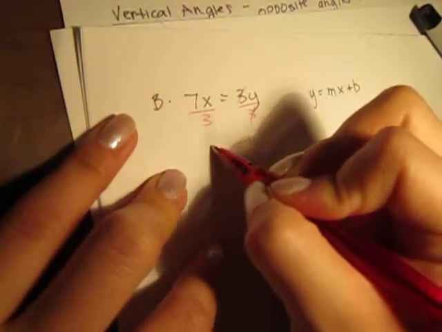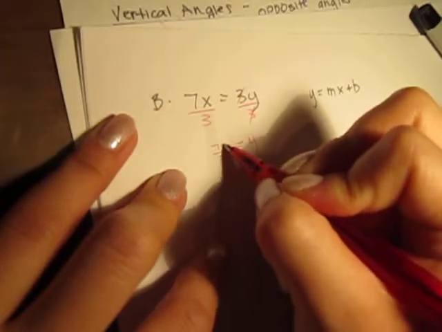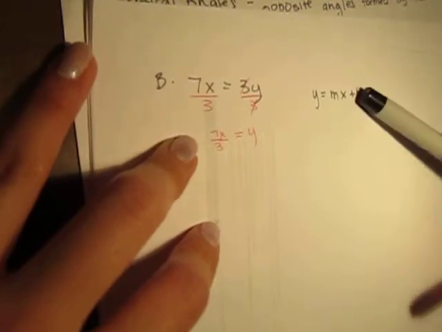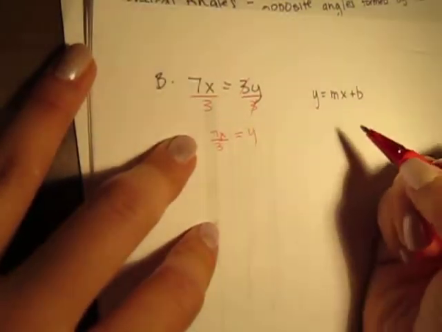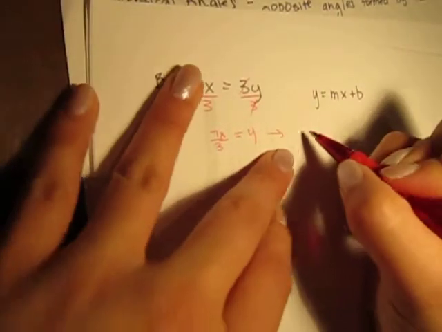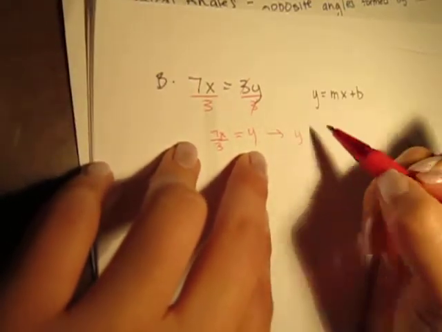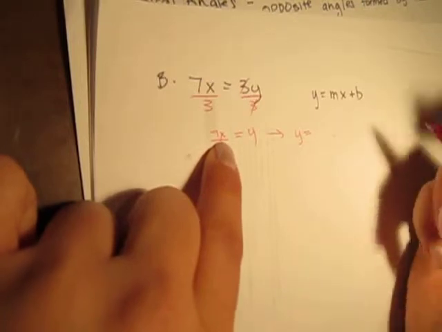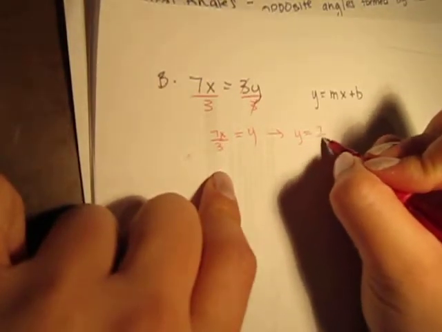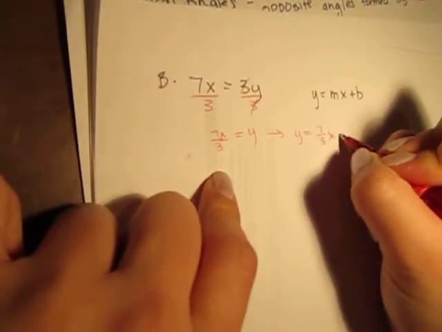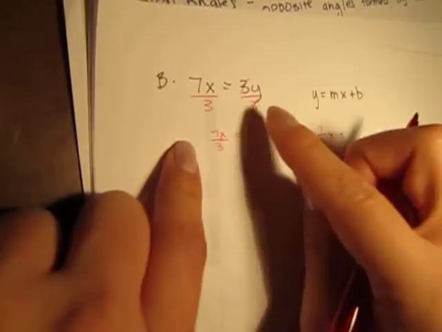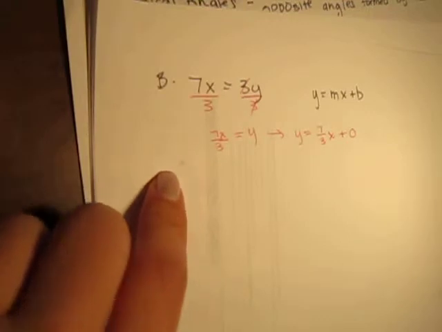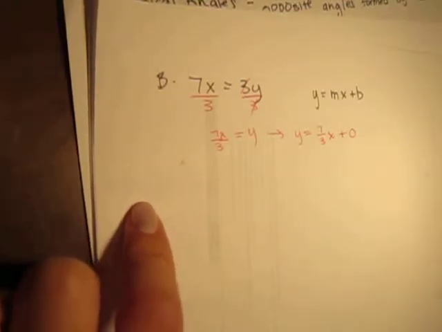And over here is 7 over 3. And there's your x. And just like in the previous problem when we didn't have a b value at this point, I'm going to just switch this around to make it look like this. So I have y equals, here's the number that's next to the x, plus, we don't have b in this, but we know that just means that it has a y-intercept of 0.